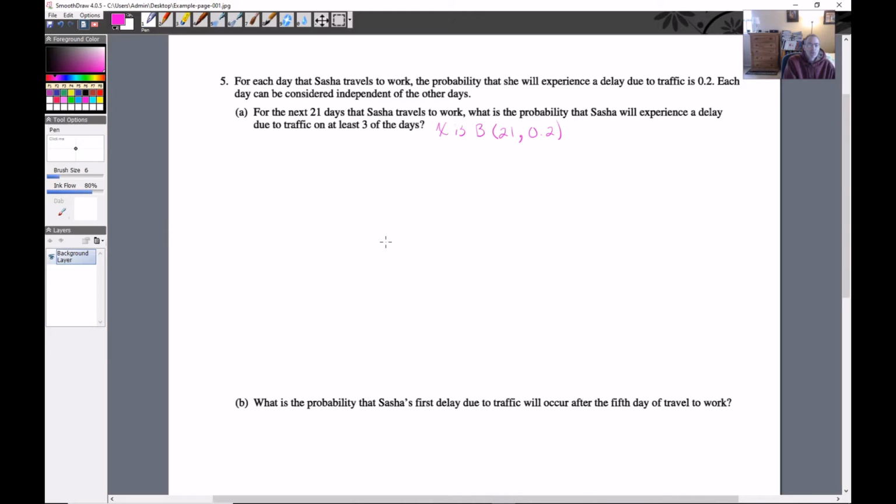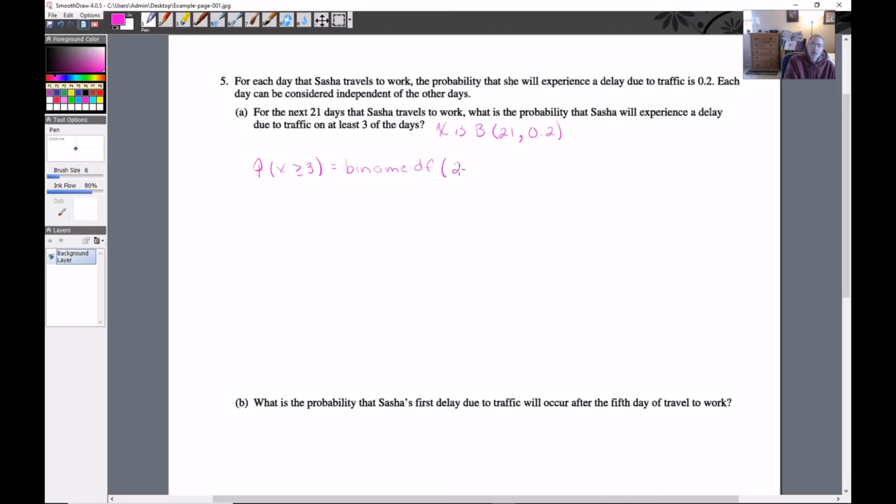Now, there are formulas, and you have a formula chart, and the key, which I'll show you in a little bit, has formulas all filled in. But let's just proceed the way that we normally do it. So this is the probability that X is at least 3, so that'd be greater than or equal to 3. And we know that this will be a binomCDF, right? Because 3 or 4 or 5 or 6, not just one thing.